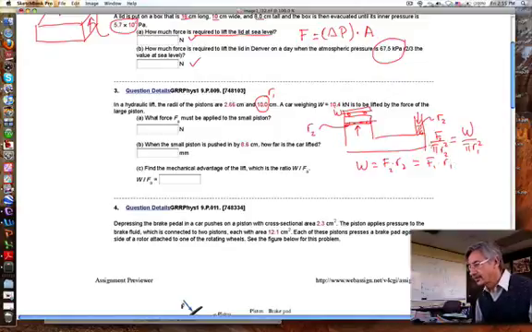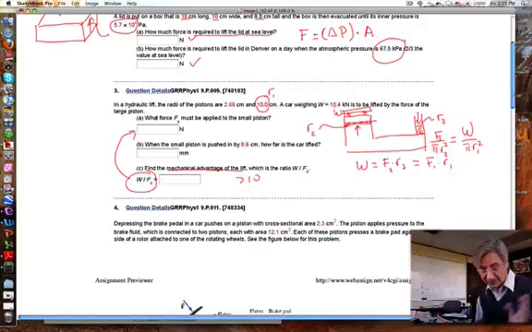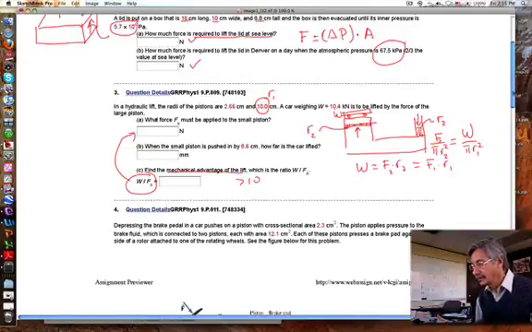This is how you find the distance. The ratio of this force to the other force is called the mechanical advantage. This number is always larger, greater than 10 or something, so it will depend on the specific number in your problem.